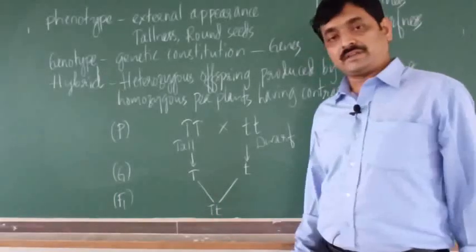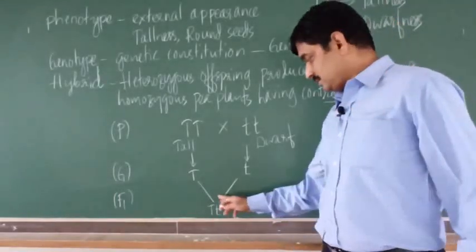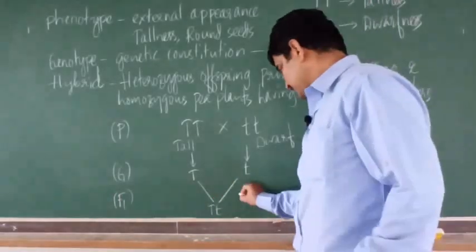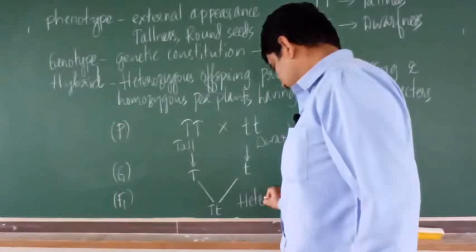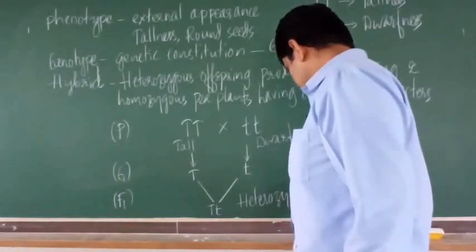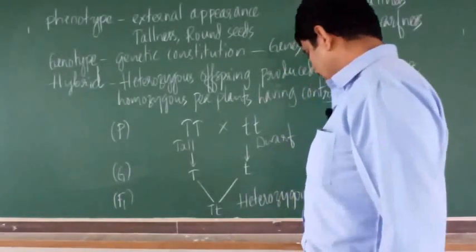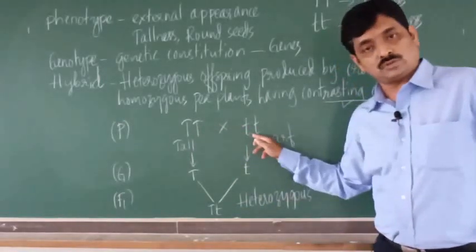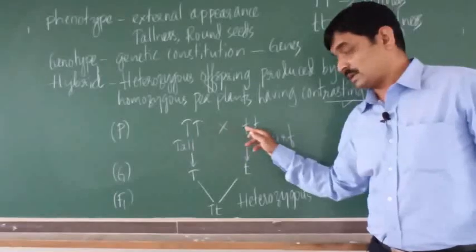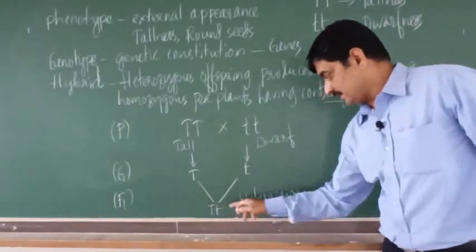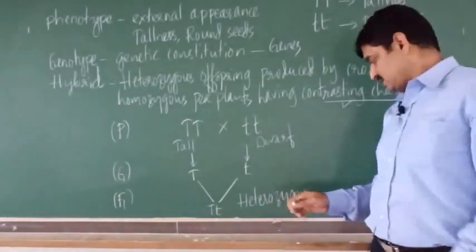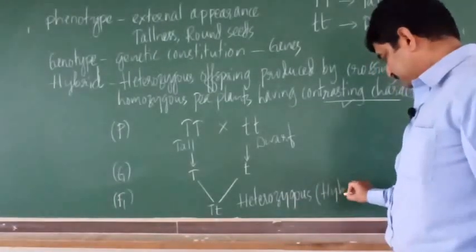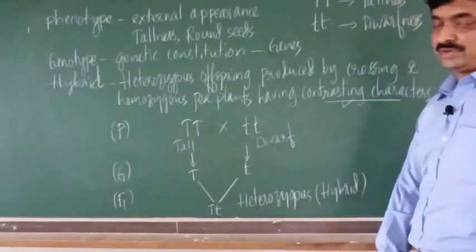Capital T, small t. That means it exhibits heterozygous condition. So this offspring is heterozygous, whereas the parent plants are homozygous. Right? Both parent plants are homozygous. Offspring is heterozygous. So such heterozygous offsprings can be called hybrids.